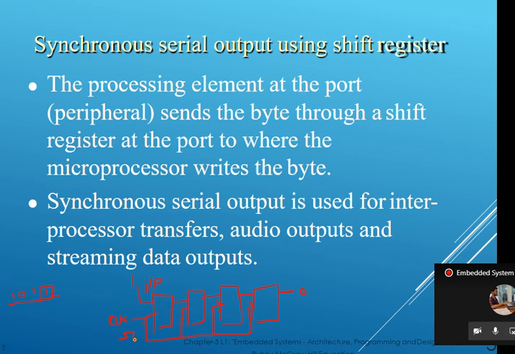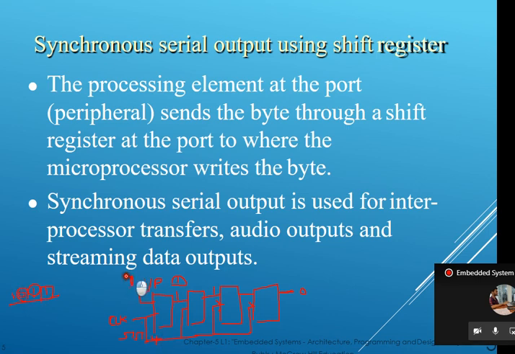So during the second clock pulse it will process the output as 1, and during the second clock pulse I will give the second bit, also 1. After the third clock pulse this one will move to here, and the second input will come in this place, and at the fourth clock pulse I am giving the third bit, 0.